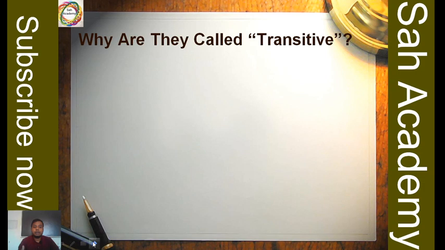Now comes the next part, that is, why are they called transitive? So you have just 1 minute, find the dictionary meaning of transitive. You can use a dictionary. We call these verbs transitive because these verbs have the property of transitivity, like a flow.